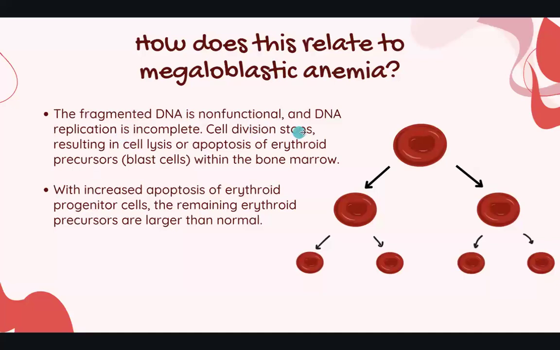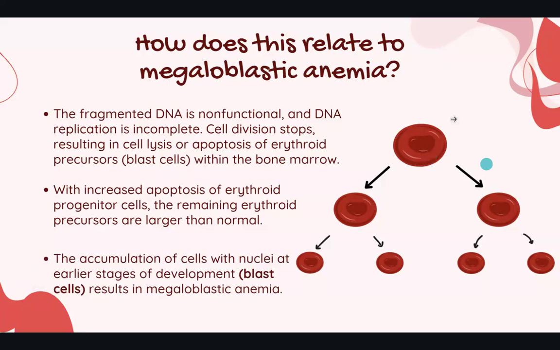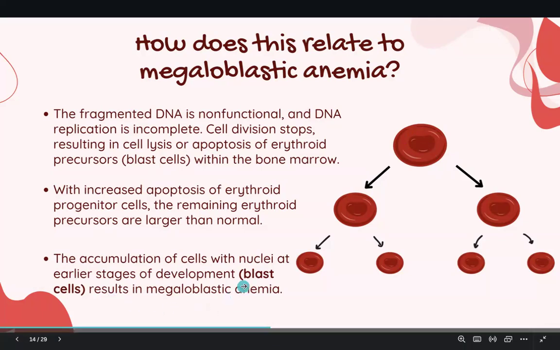So this fragmentation of DNA is non-functional. This fragmented DNA doesn't work, and it makes the DNA replication incomplete. And because cell division stops, this results in apoptosis of these blast cells within the bone marrow. Because these blast cells keep accumulating, they result in megaloblastic anemia.